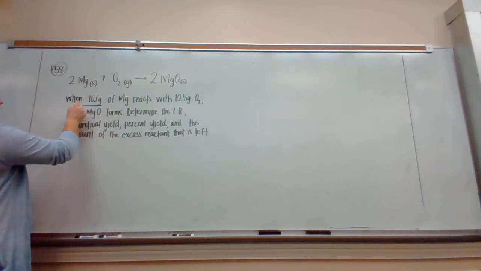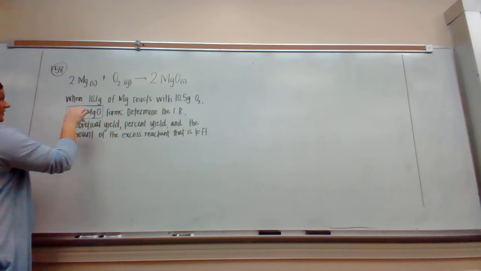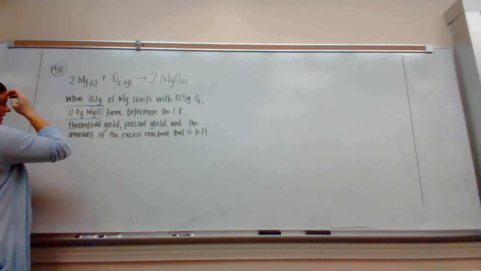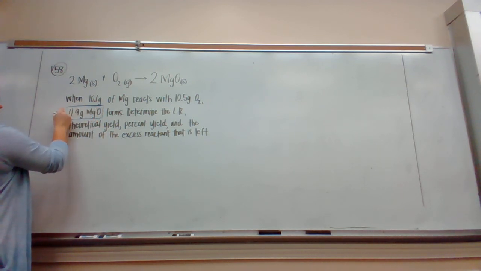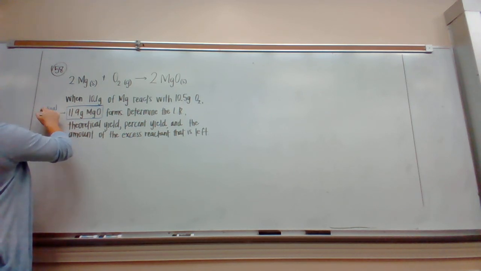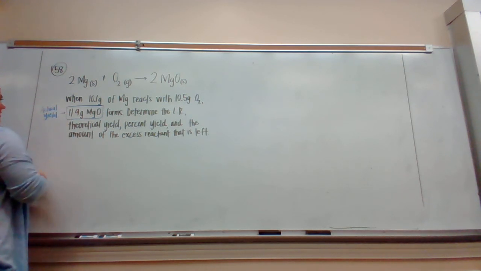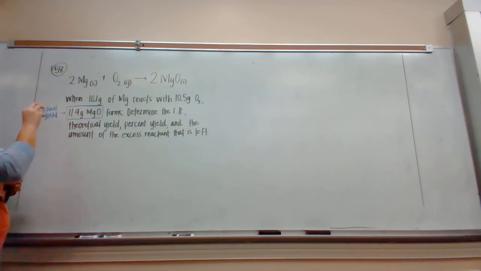This tells me my what? What is this? Actual yield. So always use your actual yield as the clue as to what product you're interested in, if there were more than one product.